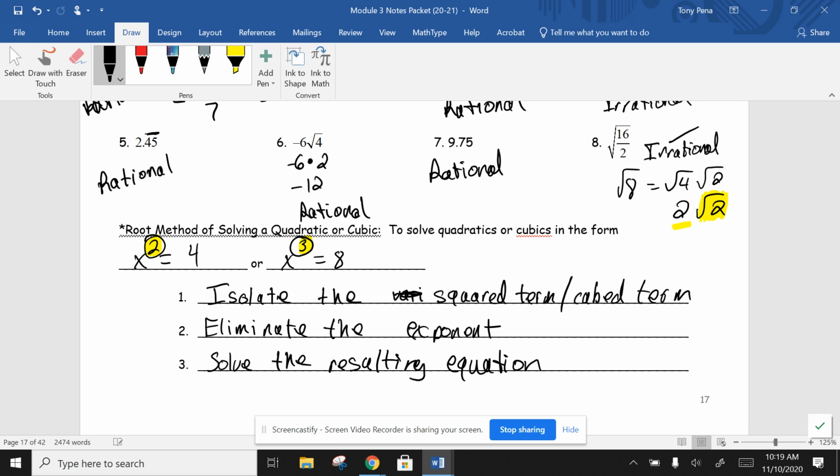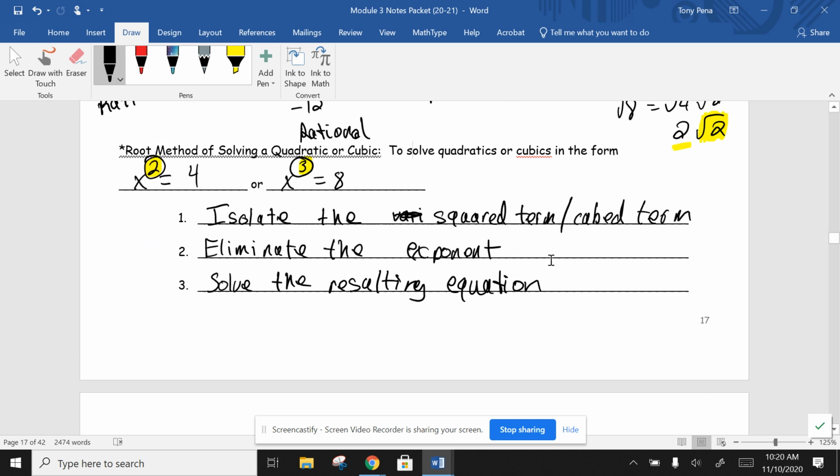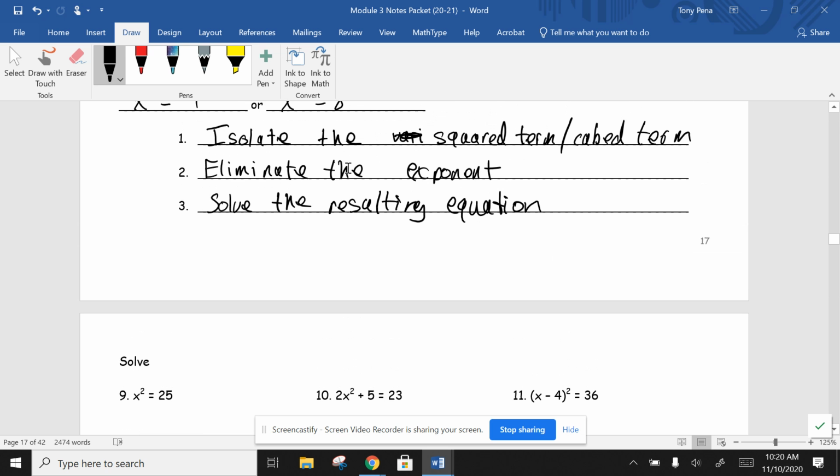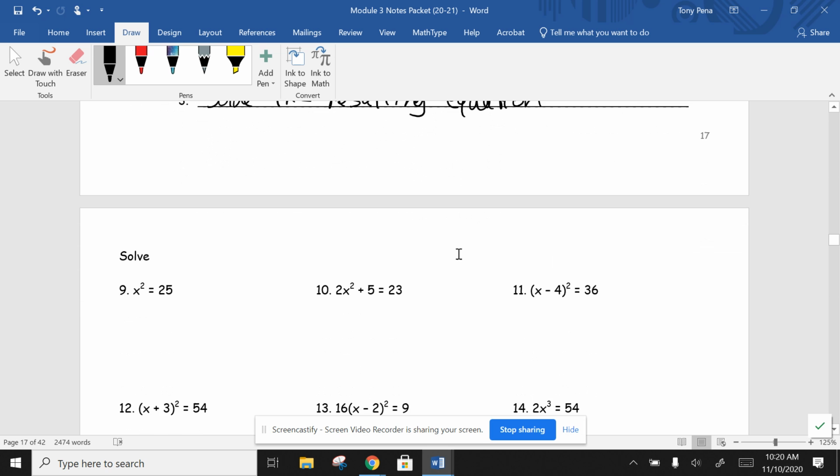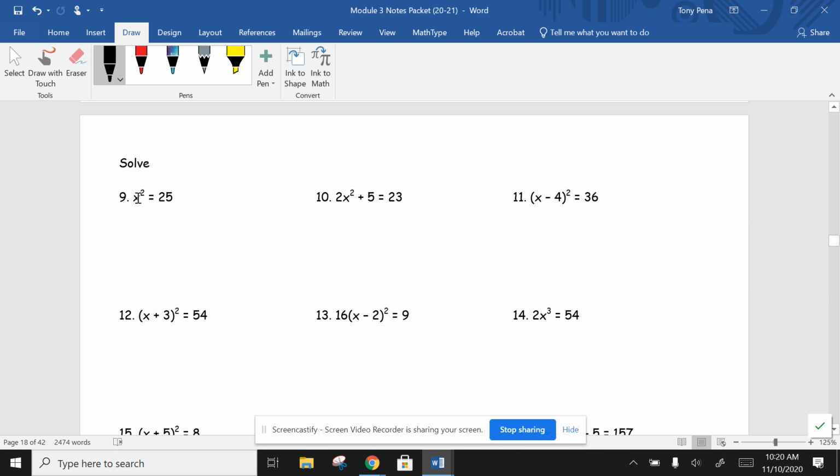All right. So we always want to get the square term or the cube term by itself. The reason we want it by itself is so that we can then get rid of the exponent. Once we've done that, you solve your equation like you have been for a number of years now, okay? So here are our steps. We want to isolate the squared term or the cube term. So in number 9, that's already done. This x squared is all by itself.